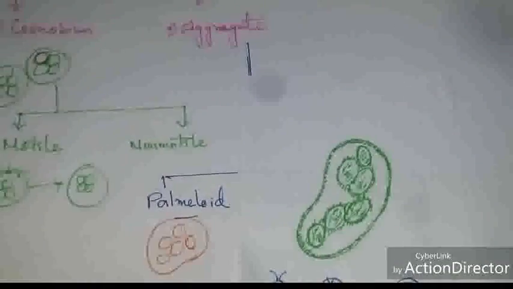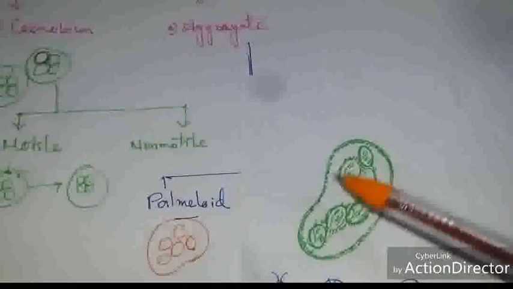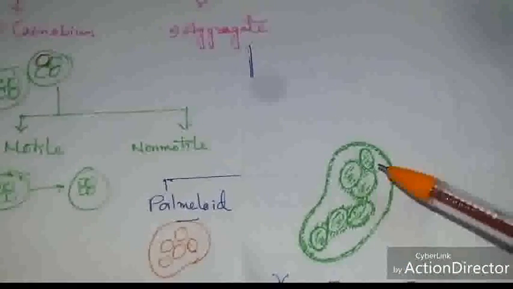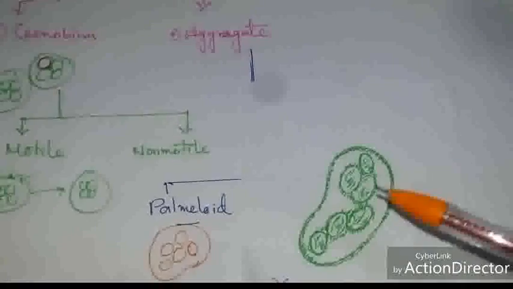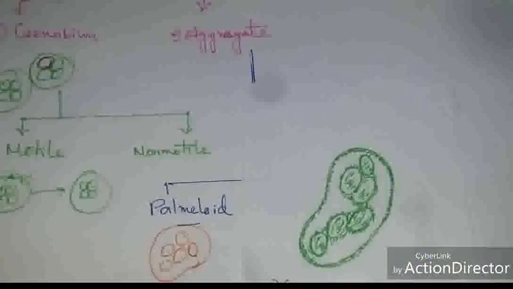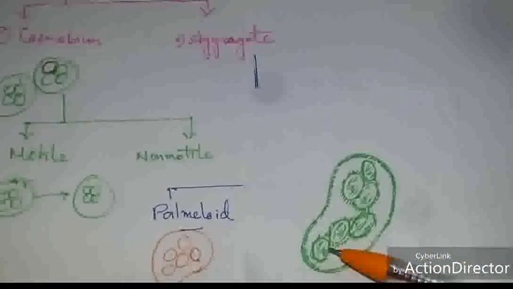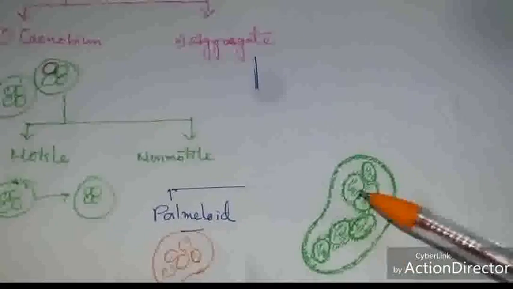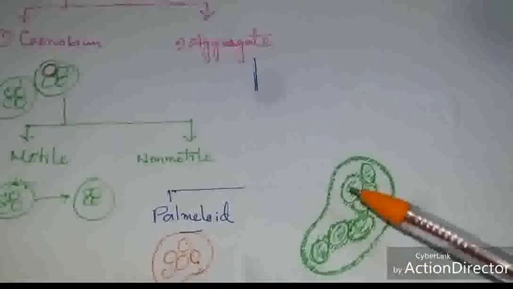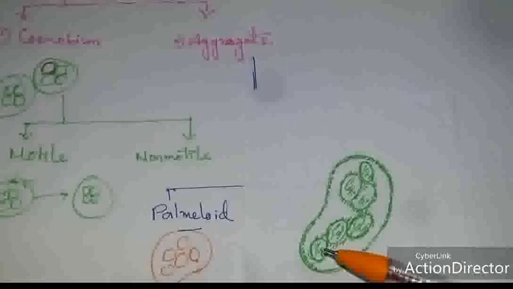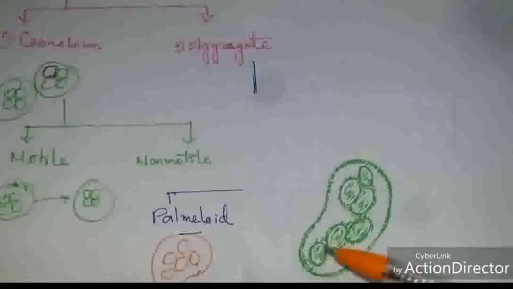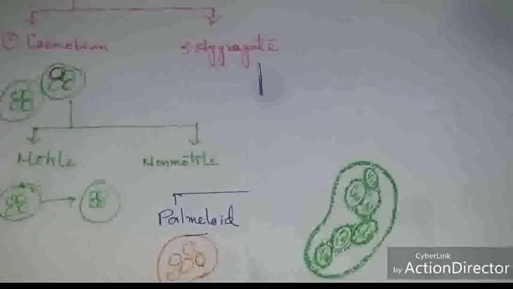It's a reproductive structure of Chlamydomonas algae where all the cells can perform their function independently. They are not dependent on each other.